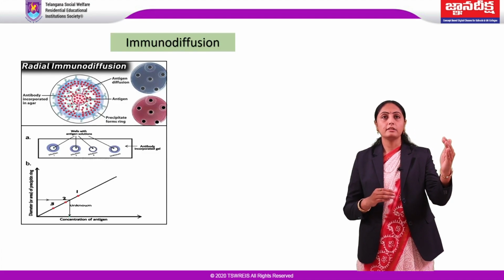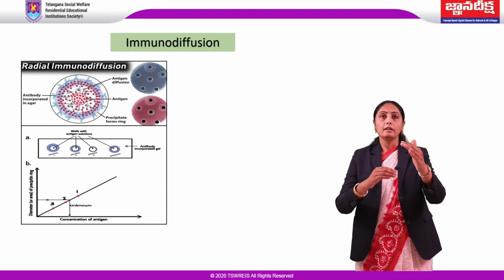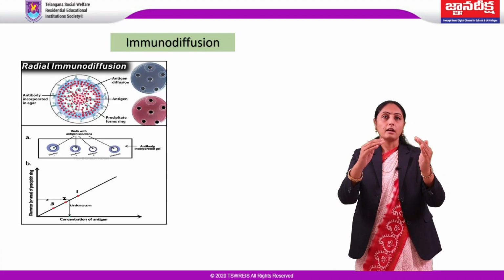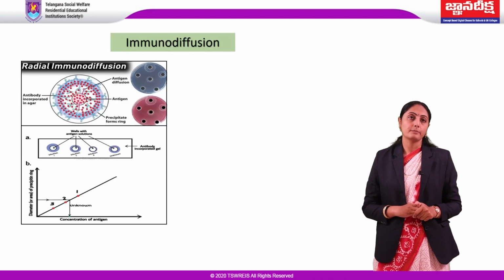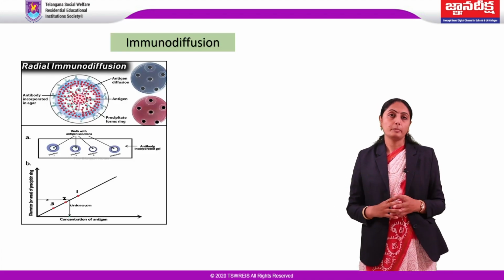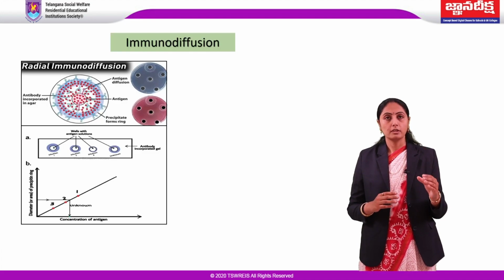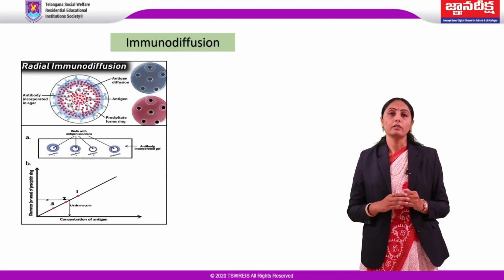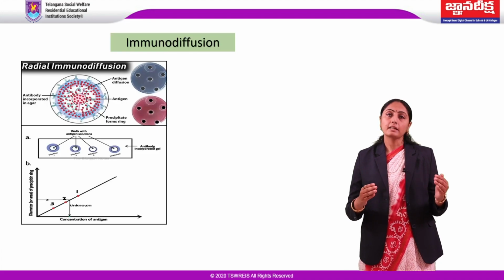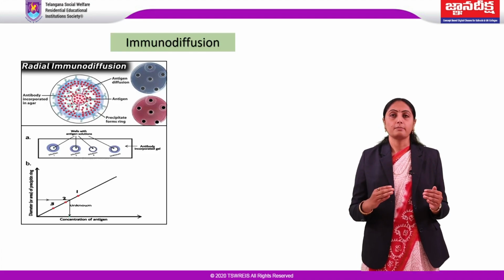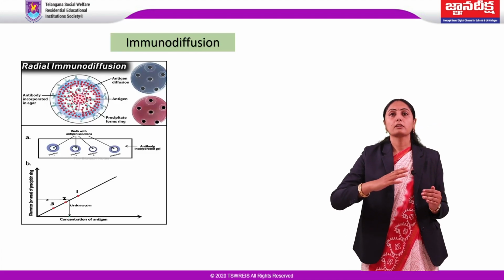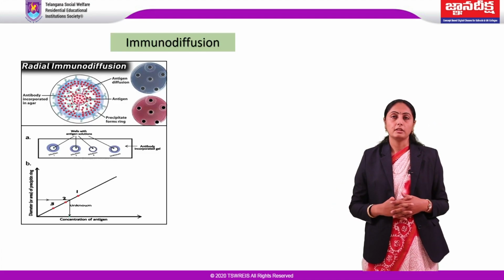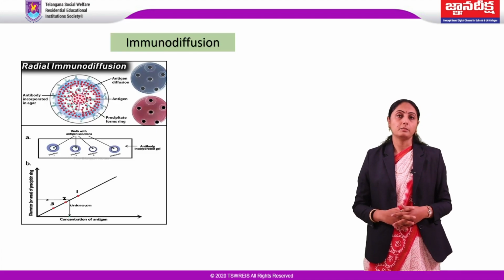As the antigen diffuses into the agar, it forms a precipitin ring with the antibodies at the zone of equivalence. The area of the precipitin ring is proportional to the concentration of antigen. By comparing the area of the precipitation ring with a standard curve, the concentration of antigen in the sample can be determined.